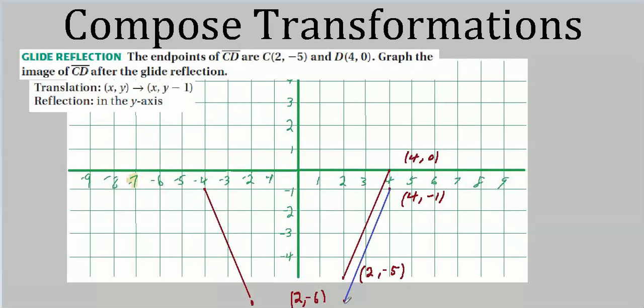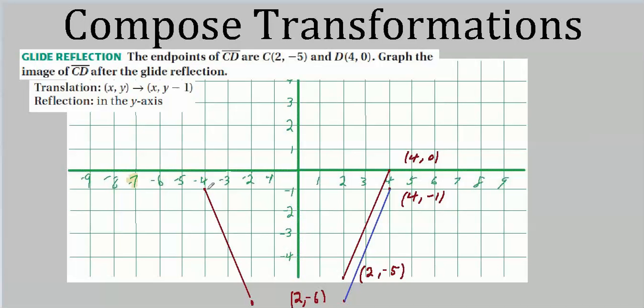Now, if we reflect it about the y-axis, 4, -1 becomes -4, -1. 2, -6 becomes -2, -6. Remember our coordinate rules. If we're going to reflect about the y-axis, all we do is change the sign of the x-coordinate. Real easy.